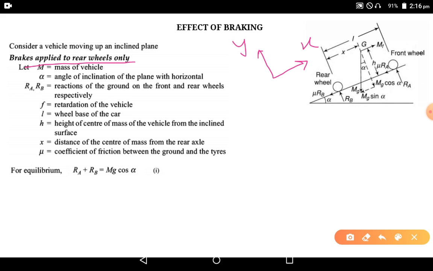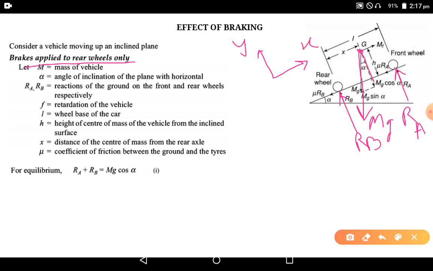So the forces in the y direction will be the reaction forces at the wheels, Ra and Rb, which are the reaction forces on the front and rear wheels, right? And at the center of mass, the weight of the vehicle will be acting, so this is mg, the weight of the vehicle, right? I am going to resolve this weight of the vehicle along the vertical line, or the y axis, right?